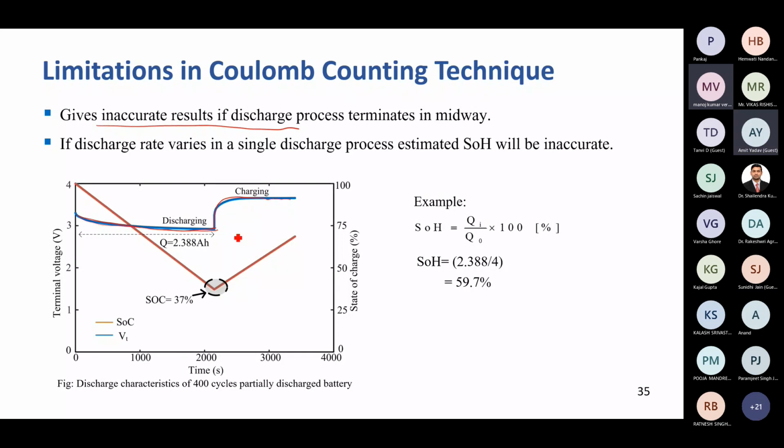With this estimation technique, it will give a state of health of only 59.7%, an inaccurate value when terminated midway. But it is not actually so; the battery is almost at 80% state of health. The conventional method shows an inaccurate value.